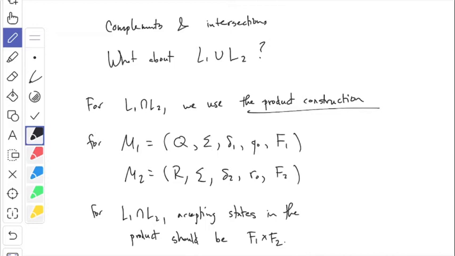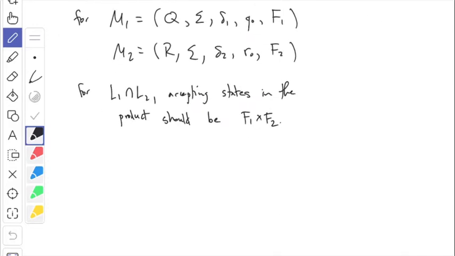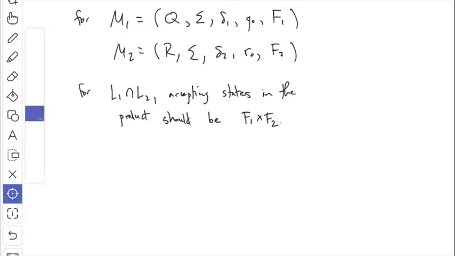It's because F1 cross F2 means the set of all pairs where the first thing is in F1 and the second thing is in F2. And so if you end up in a state where the first thing is in F1 and the second thing is in F2, then that means this thing was accepted on the first one and also accepted on the second one. That's why we use the product here, because it gives you things which are accepted on the first and things on the second.